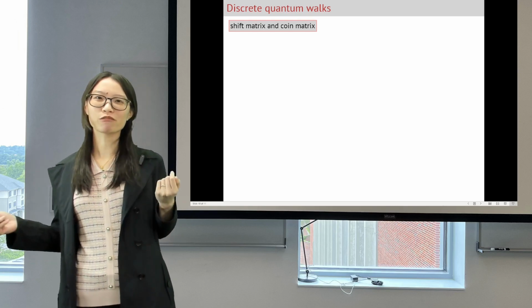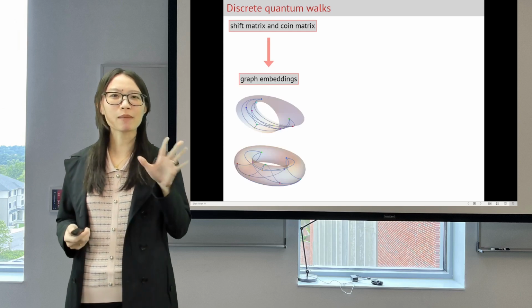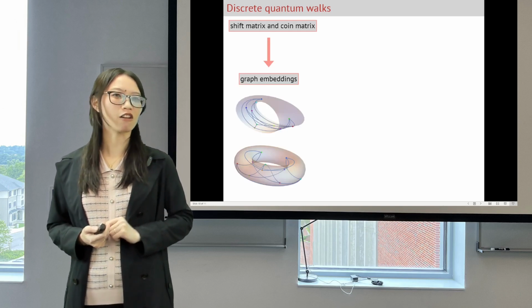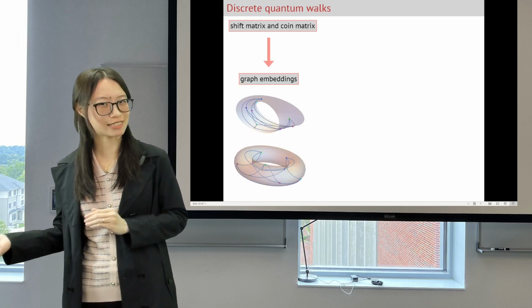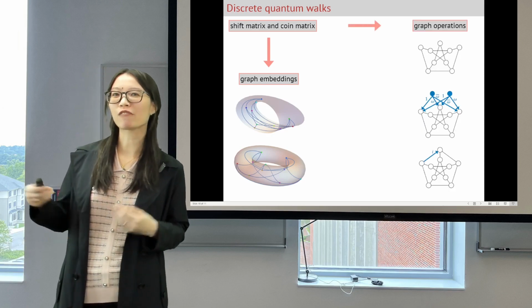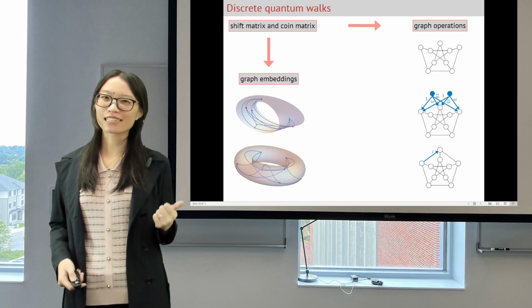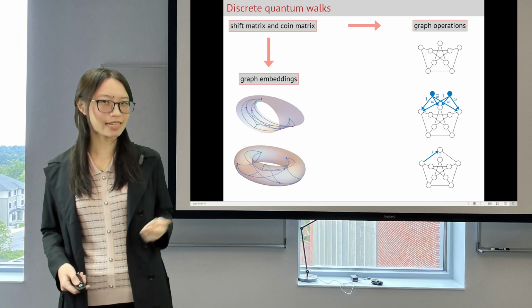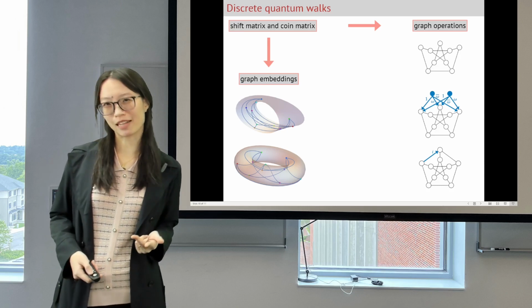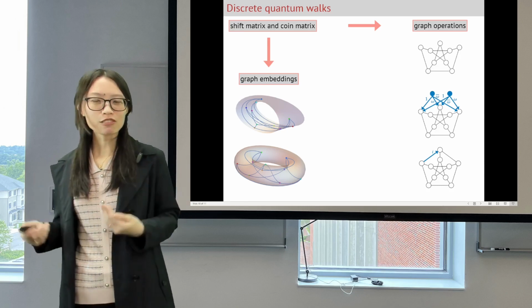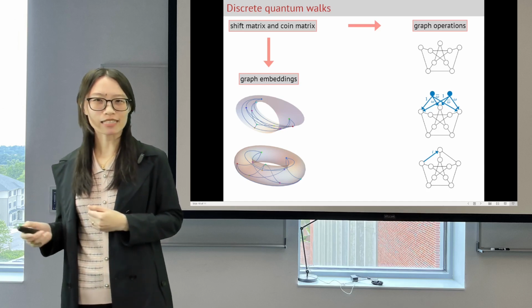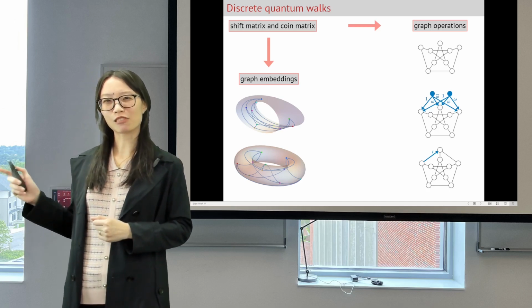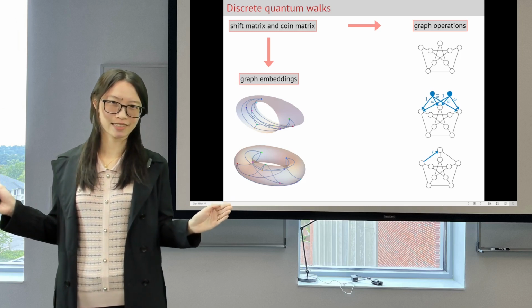And as a partial progress, our team was able to map some of them to embeddings of these graphs onto some surfaces, as well as different graph operations, such as deleting a vertex, duplicating a vertex, and changing the weights on some arcs. And these reductions make it easier to identify graph properties that lead to quantum advantages.